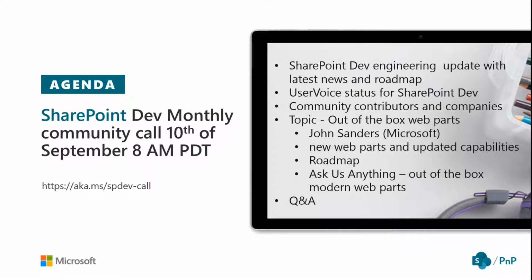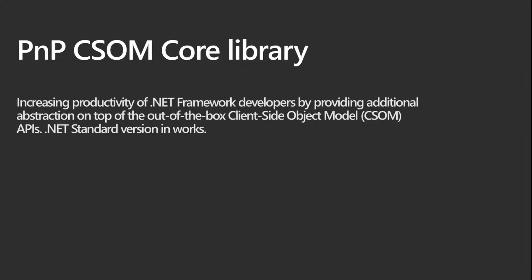So it's also a live demo of the latest capabilities of out-of-the-box web parts, and an opportunity for you to ask any questions of John Sanders, who, as said, owns the web part experience in SharePoint Online, which is pretty cool that John is joining us. He used to be part of my team, and now he's on a sister team, so to say. We do work quite closely together. So that's next Tuesday at 8 a.m. Pacific time. Let's move to the PnP CSOM Core library, and let's do quick updates from here.